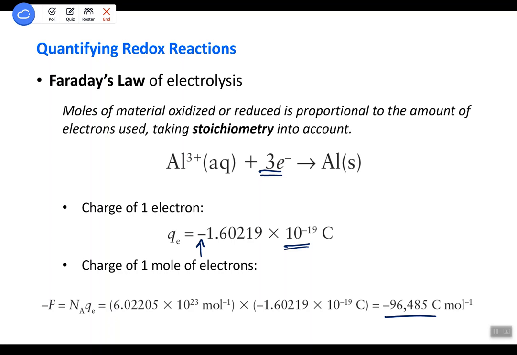So more often we talk about a whole mole of electrons, or 3 moles of electrons to make 1 mole of aluminum. 1 mole of electrons has the charge of 1 electron multiplied by Avogadro's number, which gives us 96,485 coulombs of charge for 1 mole of electrons. They're electrons, so we know that it has a negative charge.